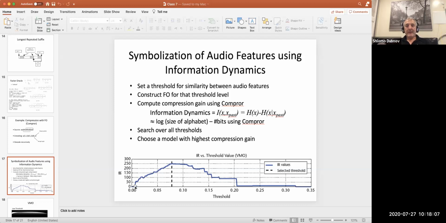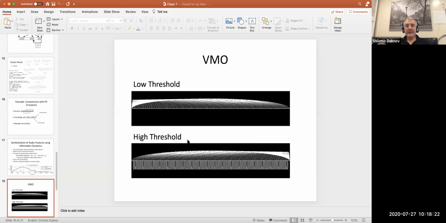This is a summary of the whole idea. We create a different graph for every threshold, and for every graph we estimate the information rate.